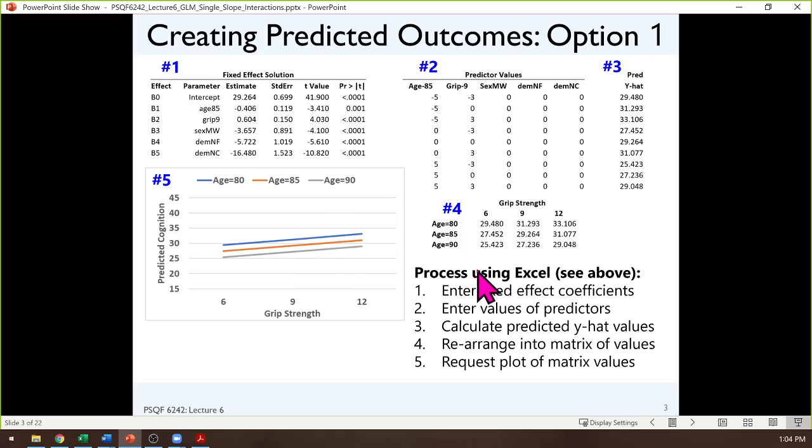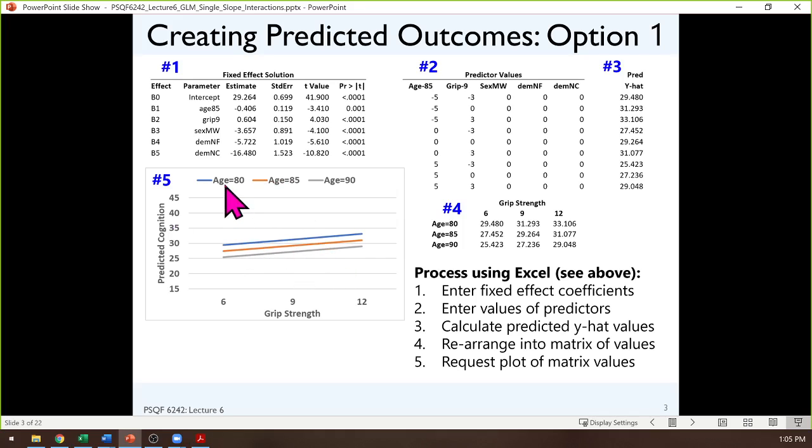The idea is that if I were giving a talk and I wanted to show how my model conceptualized the effects of age and grip strength, then I have, say, grip strength on the x-axis here, and the slope of grip strength is the effect of grip on the variable. So people who are stronger are predicted to have higher levels of cognition. And I'm showing lines for different kinds of people with respect to their age.